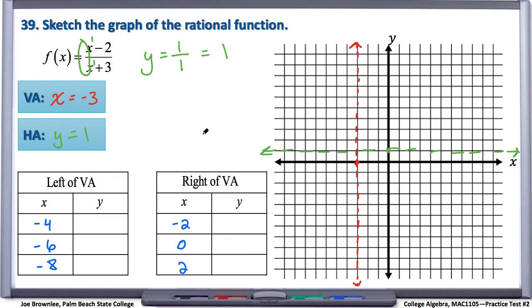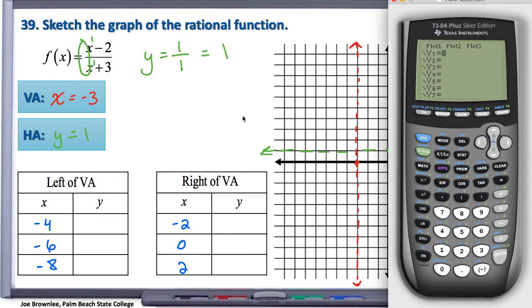For the sake of time, I'm going to use the calculator to help us find all of these. From your main screen, go to y equals, and we're going to input this function, because we're going to use the table feature of the calculator to help us evaluate. We enter the function, x minus 2 divided by x plus 3.